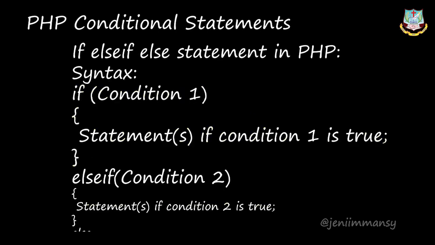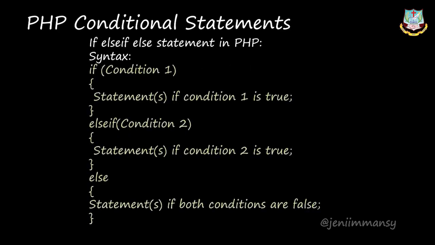Else if means we can have multiple conditions, right? If the condition is true, one statement will be inside a particular parenthesis. Parenthesis is nothing but the flower bracket. Then with else if we can give another condition, and if it is true, we give another statement for that separate condition. Likewise, you can give as many else if as you need: else if next condition, then next statement.